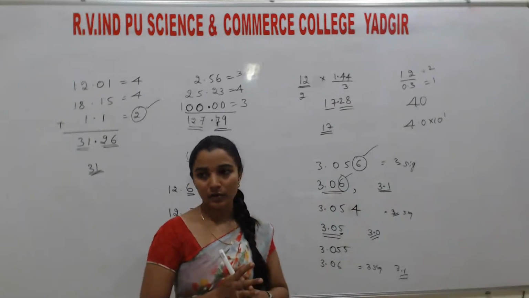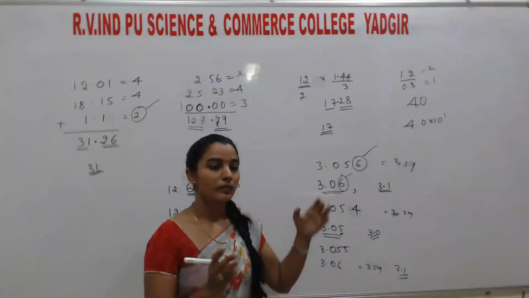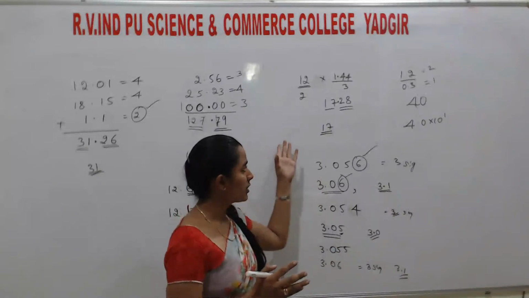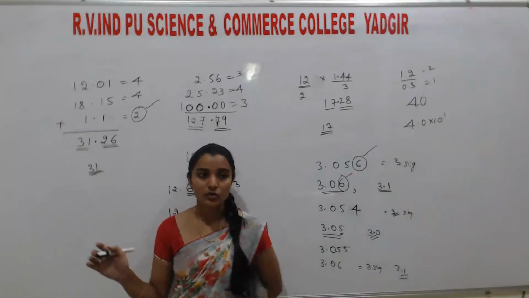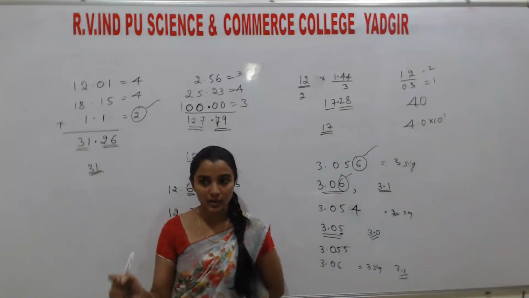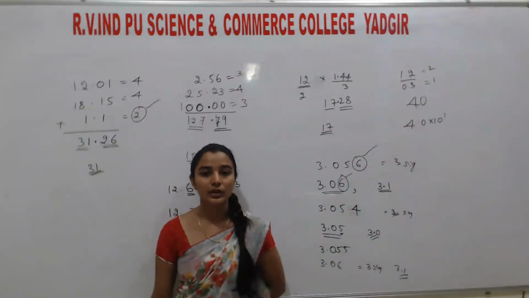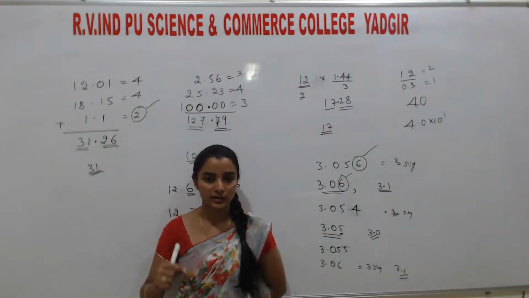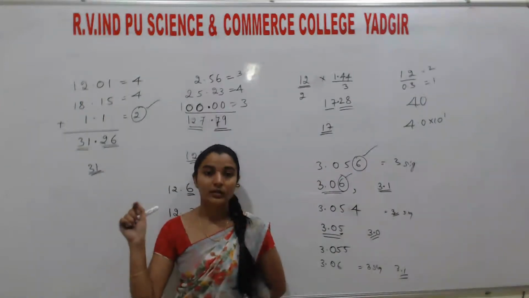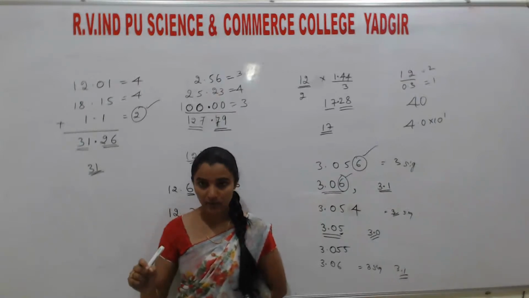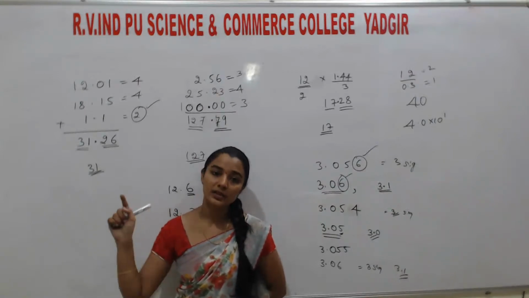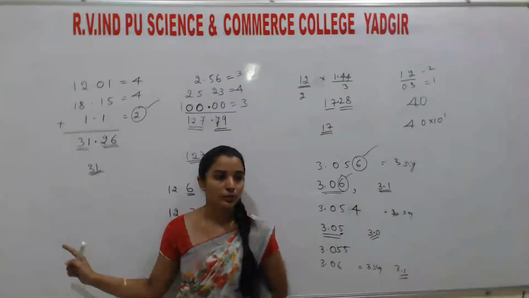In multiplication, addition, subtraction and division, the answer should be written with the digits of the number which has the least number of significant figures.